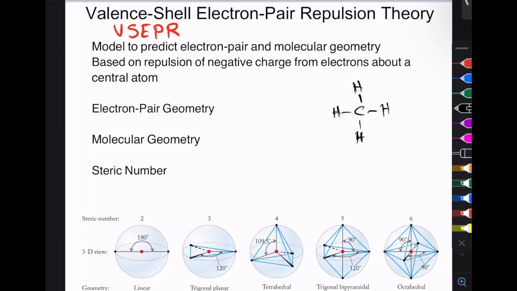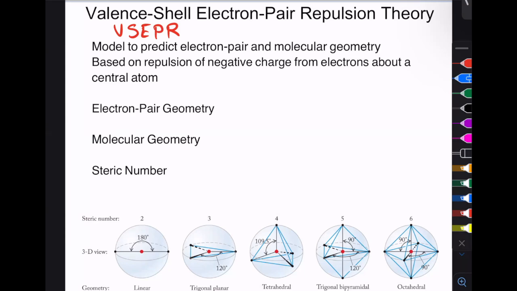And if you remember back in chapter 3, those are the only electrons that are involved in chemical reactions, okay? So by taking count of the valence shell electrons and then thinking about what shapes they make when they repulse each other, yet still have to stay attached to the center, that in a nutshell is everything you need to know about VSEPR. And then all you have to do is think about it. But I'm going to always try to come back to the thought process.